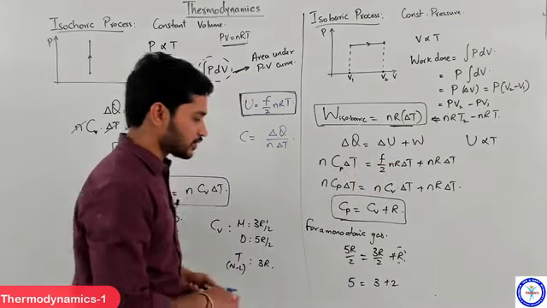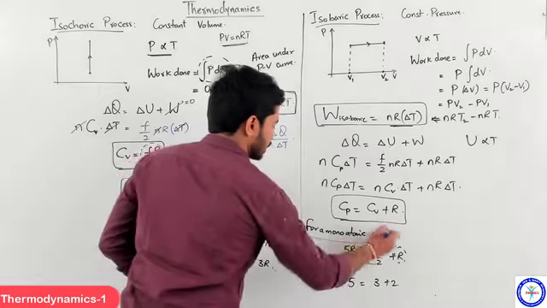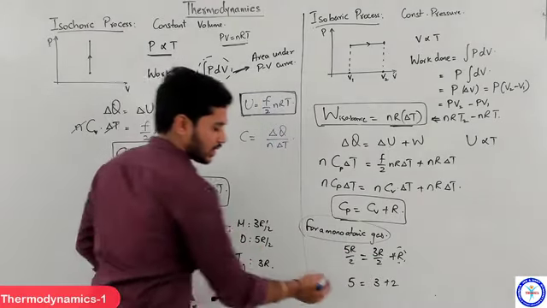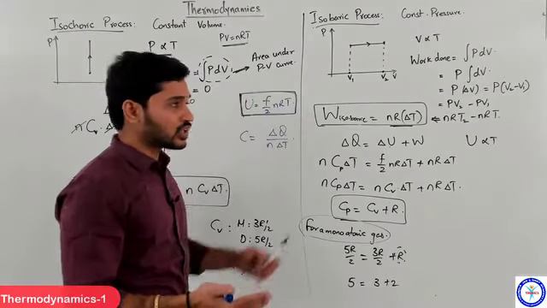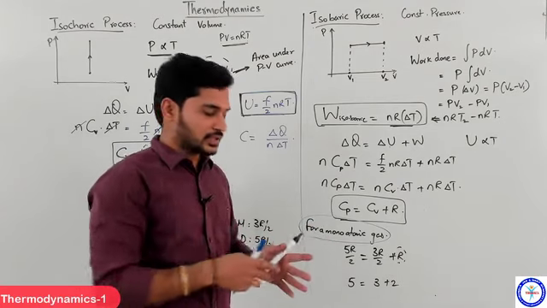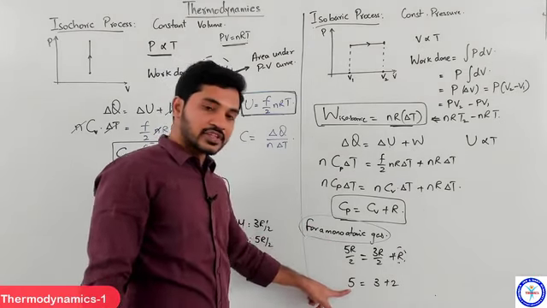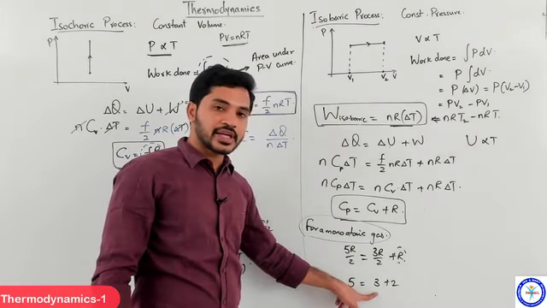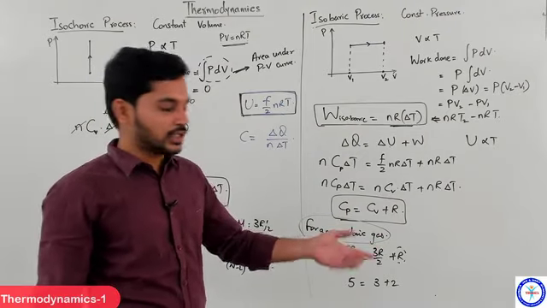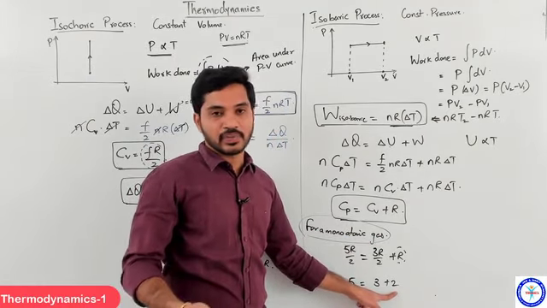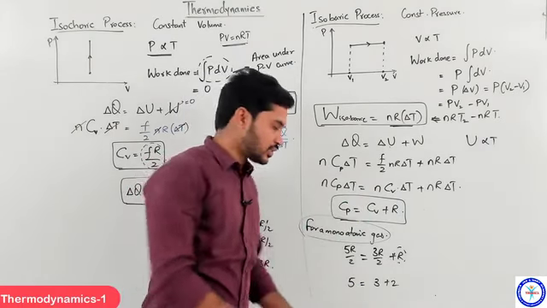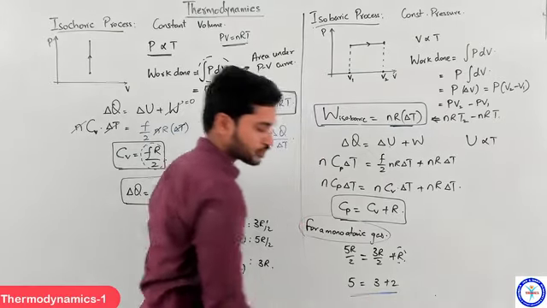So what this means is, for a monoatomic gas undergoing isobaric process, if I give heat to it, the monoatomic gas takes that heat and divides it into 5 parts, and out of those 5 parts, 3 parts will be utilized for increasing its internal energy, which means to increase its own temperature, and 2 parts of that heat supplied will be utilized to do work on the surroundings. Clear, students? So that is how you should understand this expression.